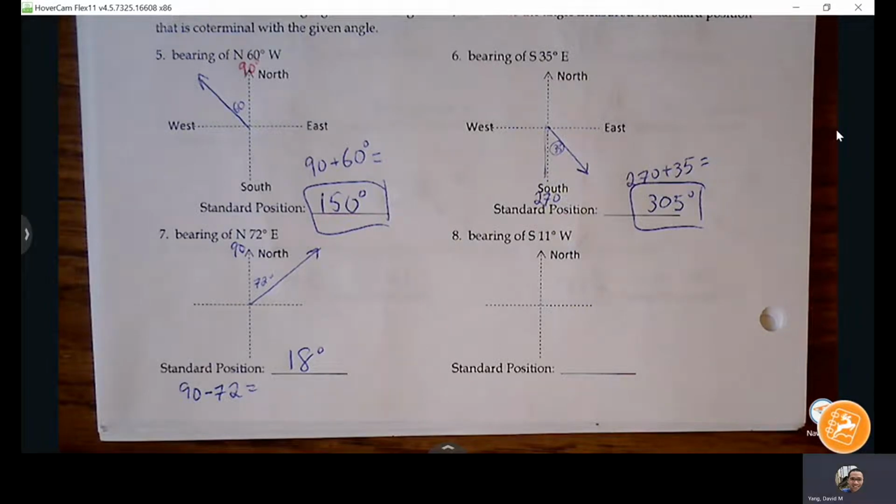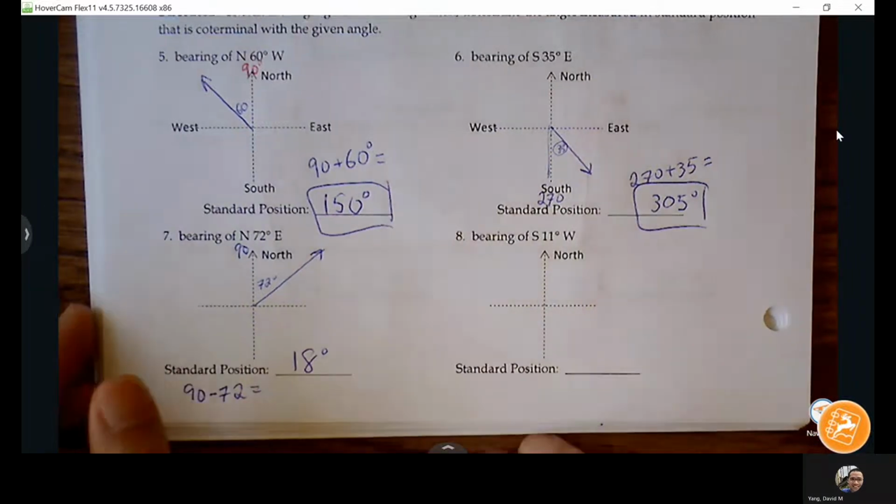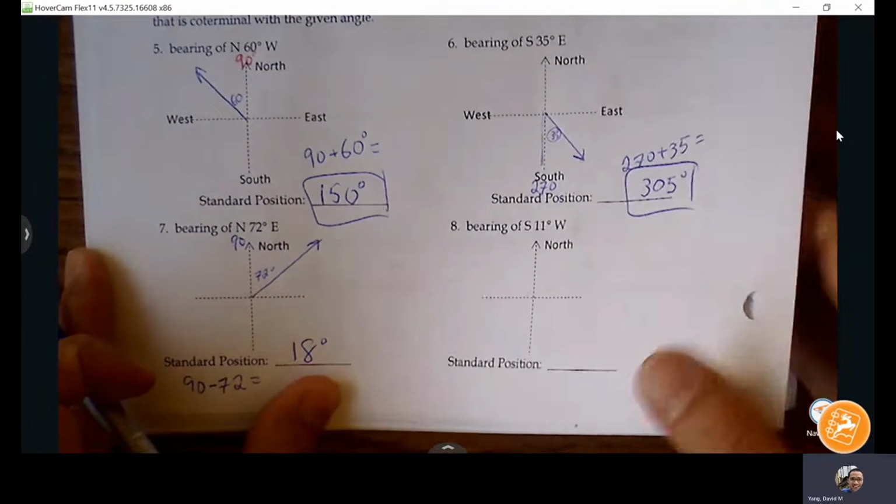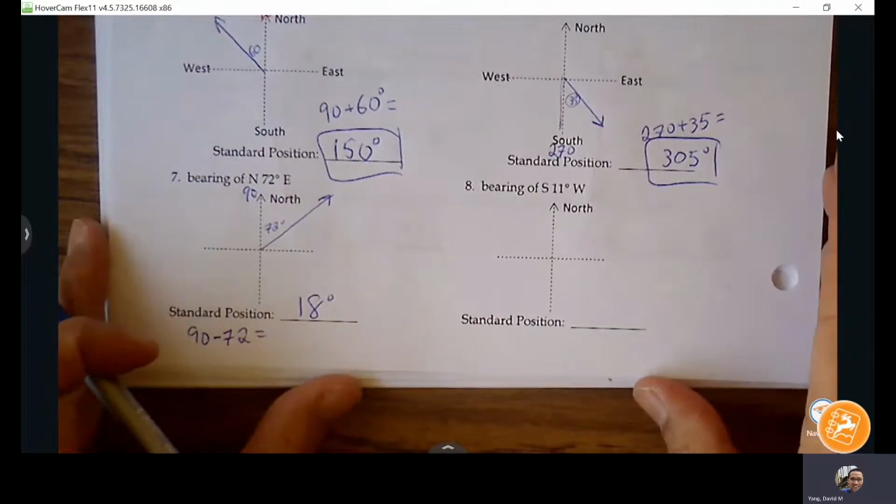Any questions with 7? Try number 8. Right, which quadrant will we end up in?